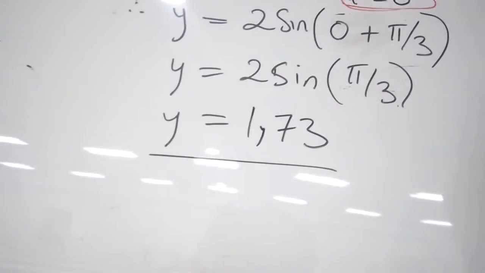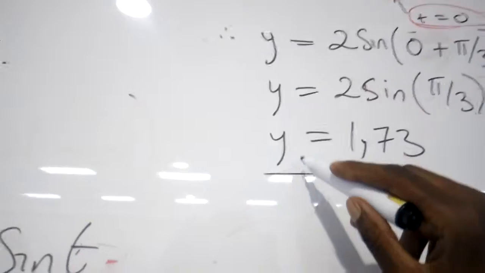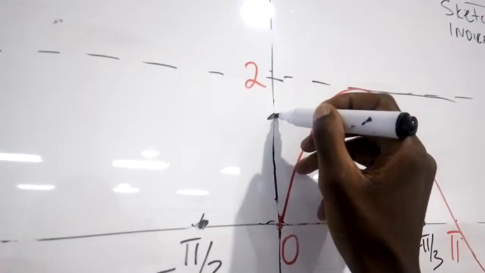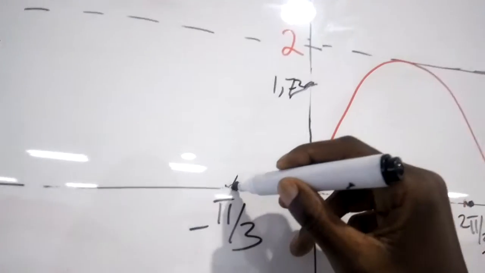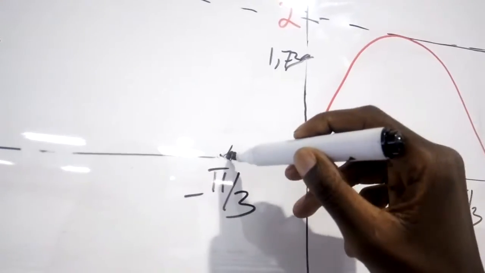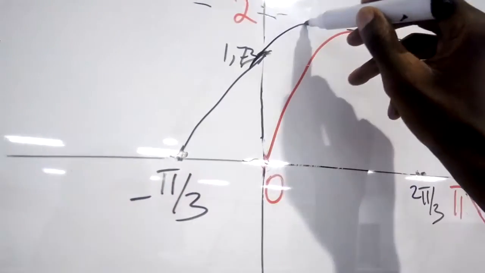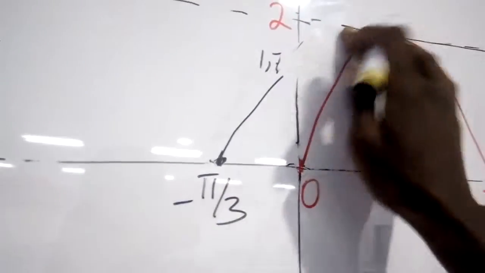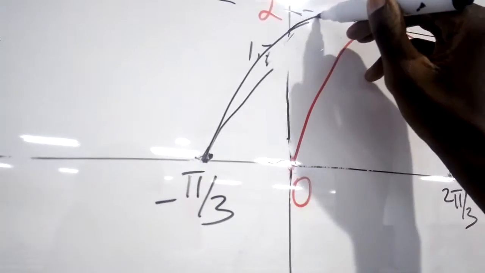Remember, these are radians. So when you take your calculator, you get y equals 1.73. Then 1.73 is somewhere there, right? So now I'm starting to join my points. Remember, we need to show this point. I am going to put the 1.73 after.